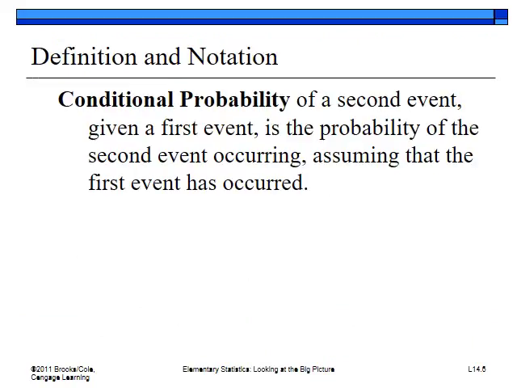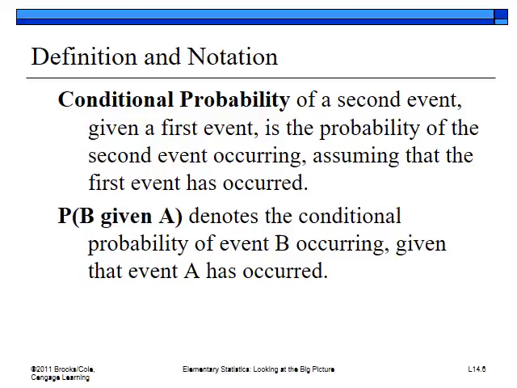Conditional probability is a term that we use when we're working with 2 events and we want to know, for example, the probability of the second event given that, or assuming that, the first event has already happened. Notationally, we'll write this as the probability of B given A. That's the probability that B happens given that A has already happened.